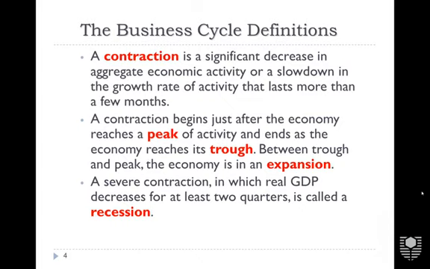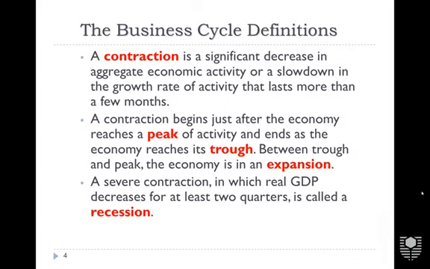It also refers to the slowdown in the growth rate of the activity that lasts more than a few months. So if it is like all of a sudden a jump or all of a sudden a decline, we don't consider it as a phase. For a phase to be a contraction phase, it must be a time period where the activities become slow over an extended period of time.